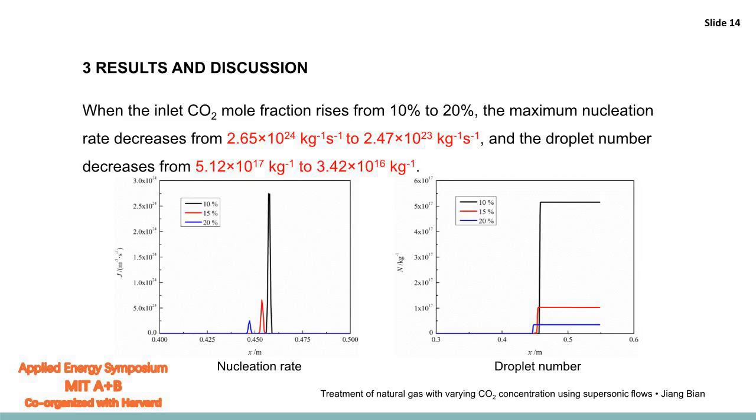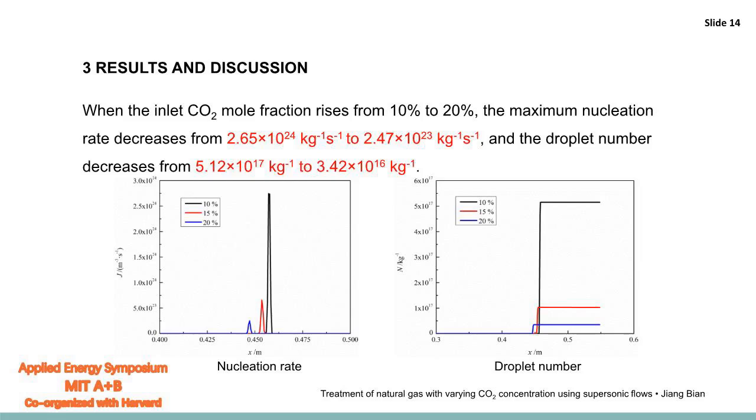After that, due to the sharp fall of the subcooling, the nucleation rate dropped from the peak to 0, and the nucleation process completed. With the increase of the inlet CO2 concentration, the nucleation position is advanced and the maximum nucleation rate and droplet number decrease obviously.